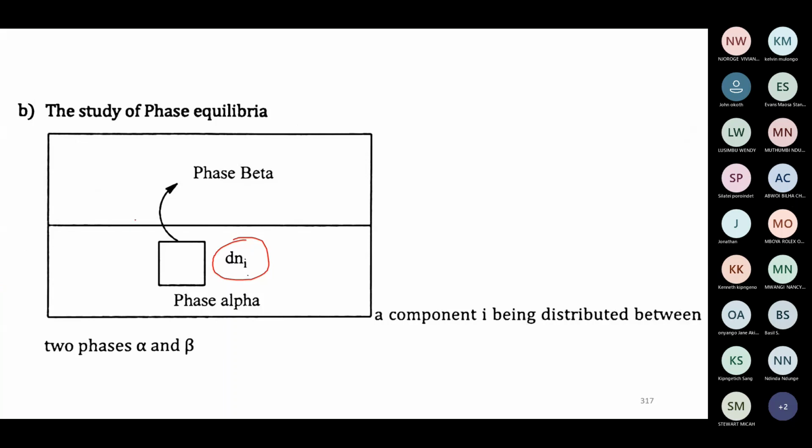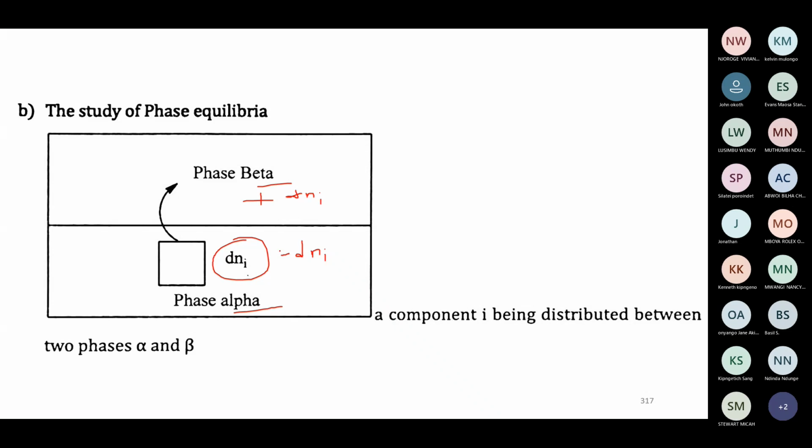So here we have a minus because when there's a change, the component is being distributed from, for example, phase alpha to phase beta. What is happening is that here you're going to have plus dNi because it is increasing, and here you're going to have minus dNi.